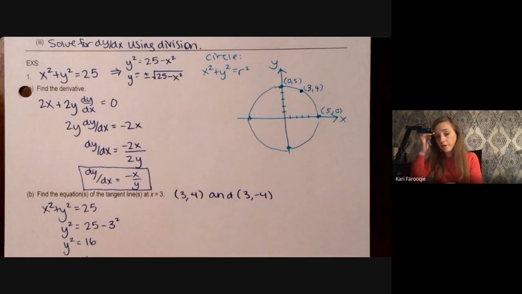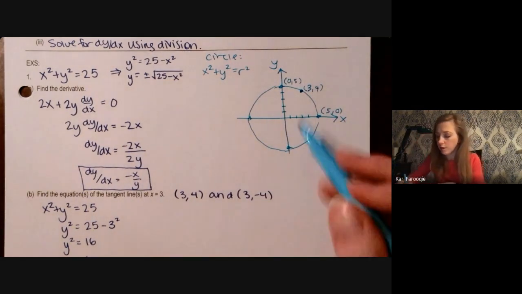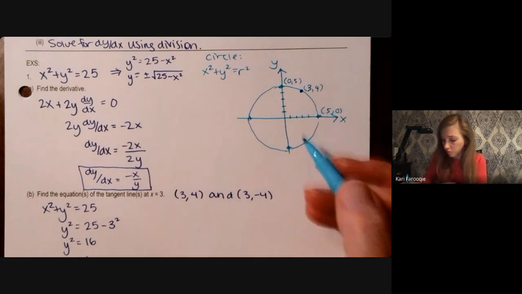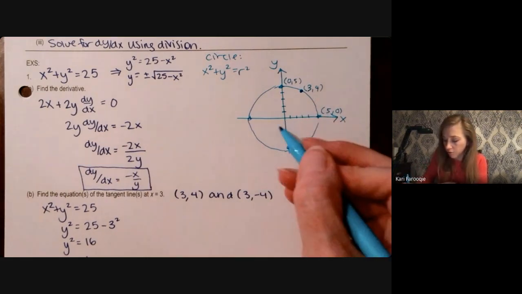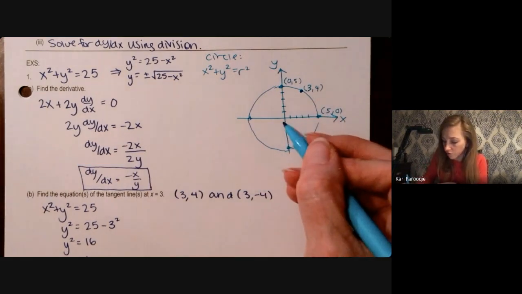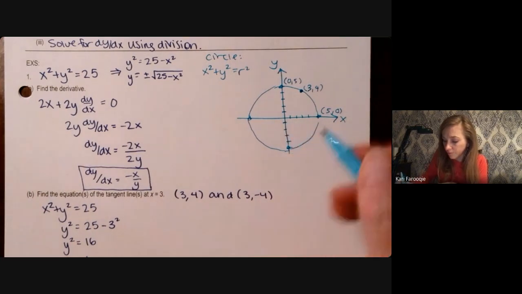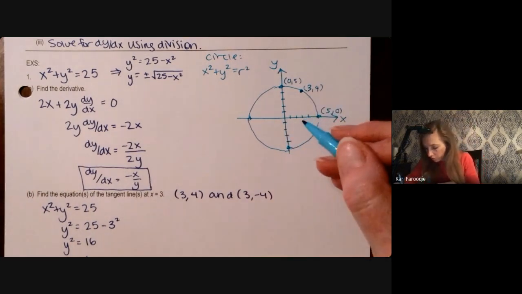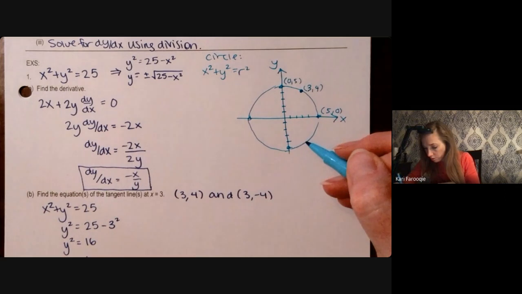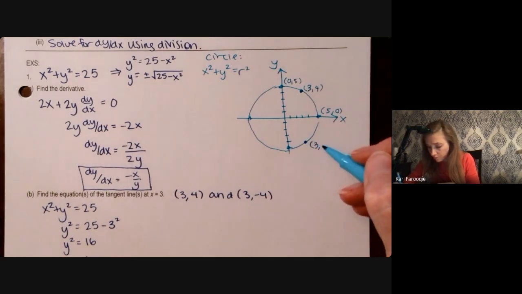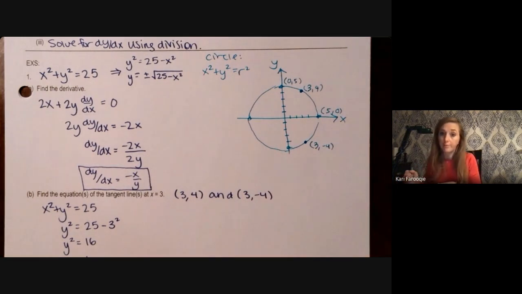And then you can see now why you end up having two different y values for x equals 3. It's because you can do the same thing by looking at the circle below the x-axis, and you can get that corresponding point on the bottom half of the circle at (3, -4).